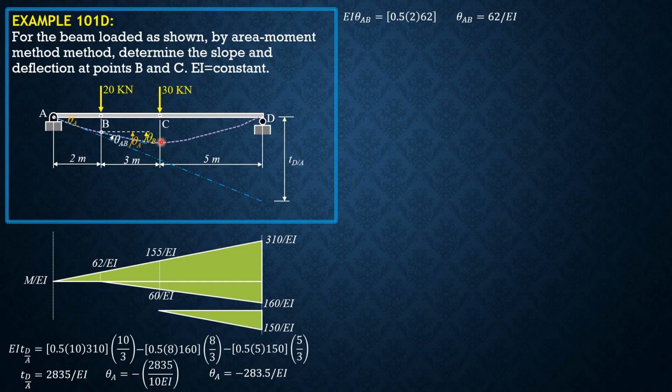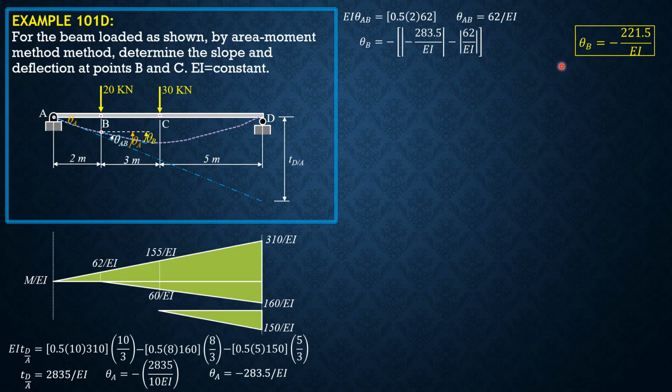Theta B is negative of the absolute value of theta A minus the absolute value of theta AB. So therefore theta B is equal to negative 221.5 over EI.